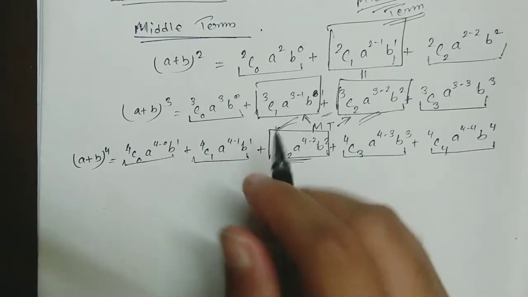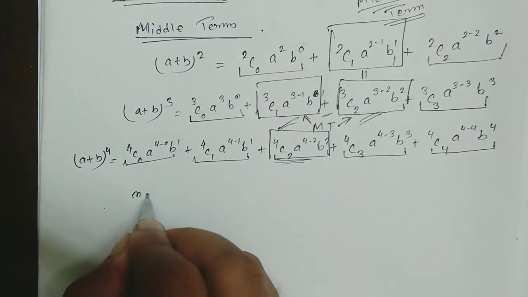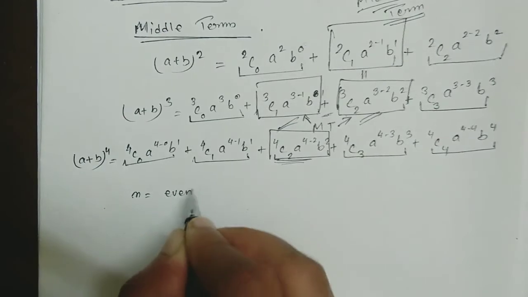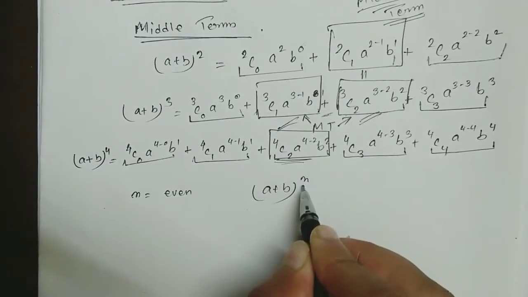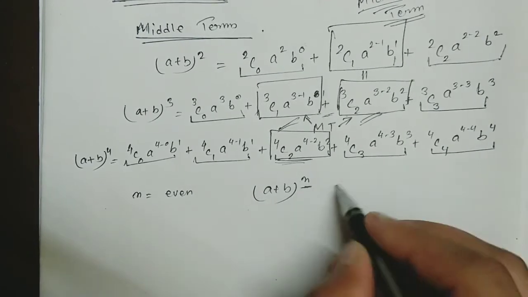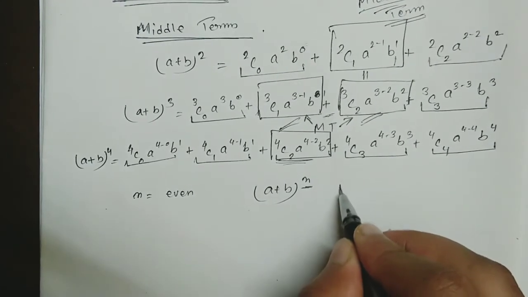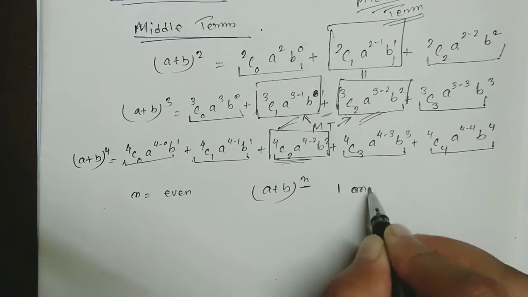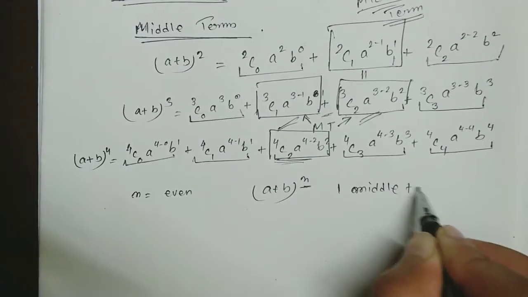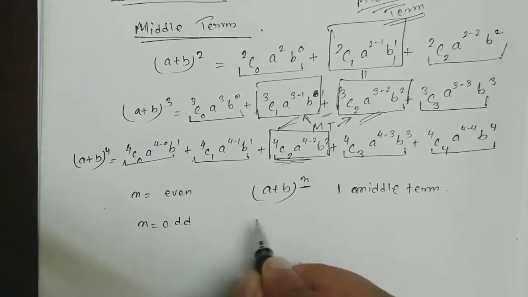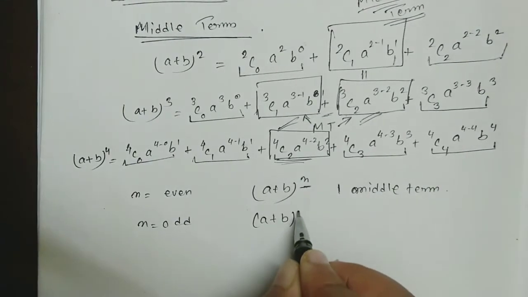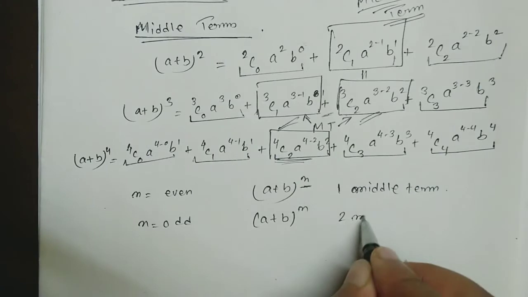So have you noticed one thing? If n is even, in (a plus b) to the power n, if this n is even, then there will be one middle term. And if n is odd, then for (a plus b) to the power n, there are two middle terms.